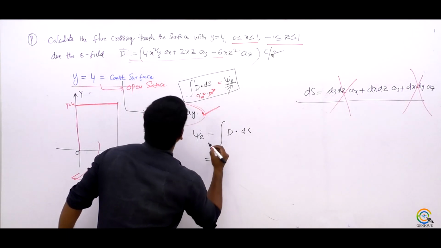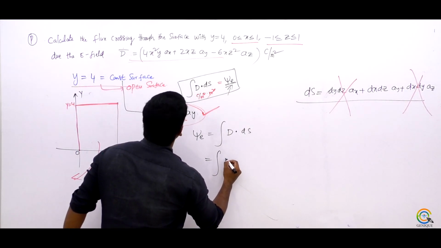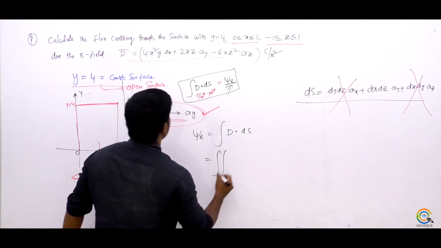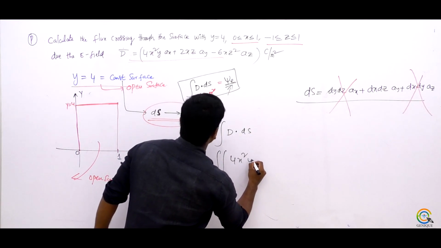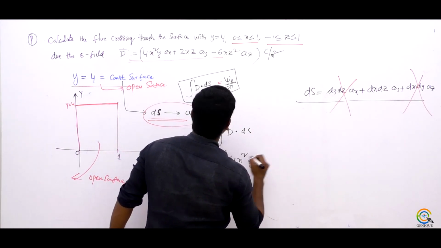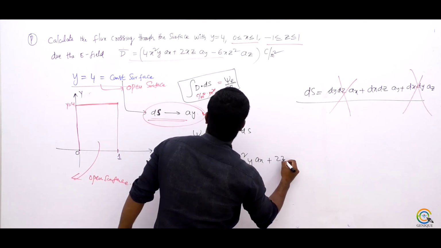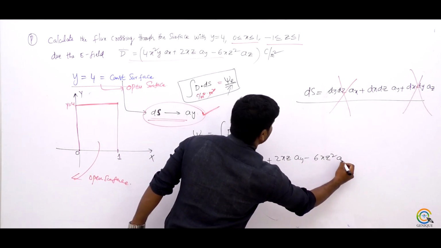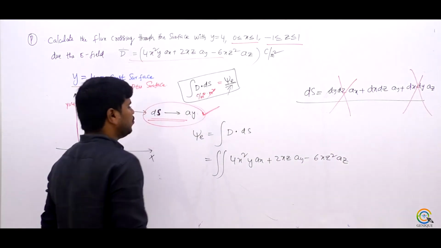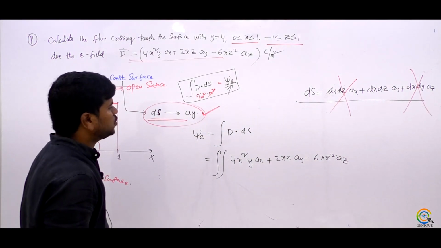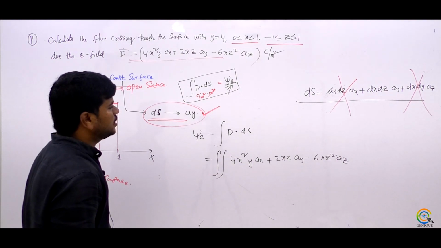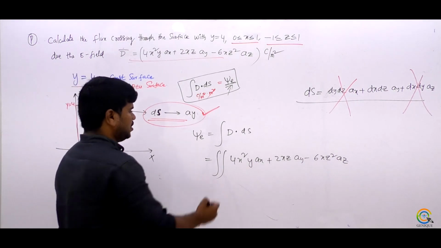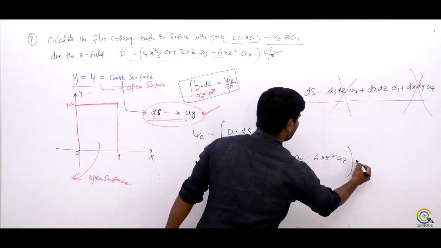So this will be the integral of D dot dS, which means you can write the double integral of (4x²y a_x + 2xz a_y − 6xz² a_z) dot dS.